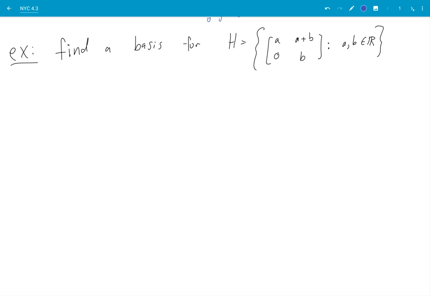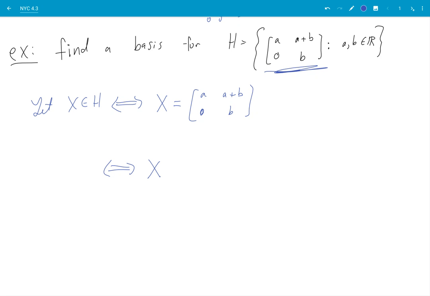So what I'll do is, first of all, say let x be in H, and I'll figure out what that means. Well, it means that x has to have this form. So what does that mean?